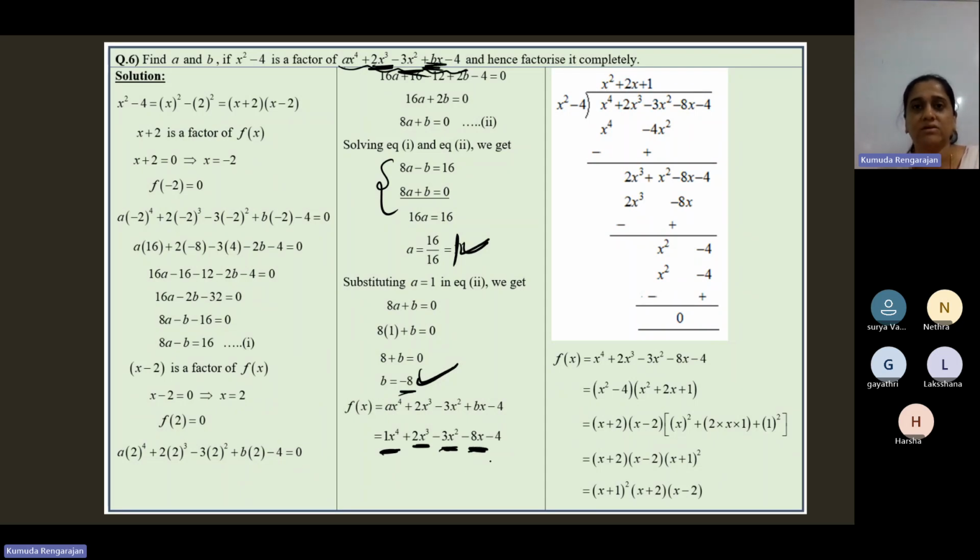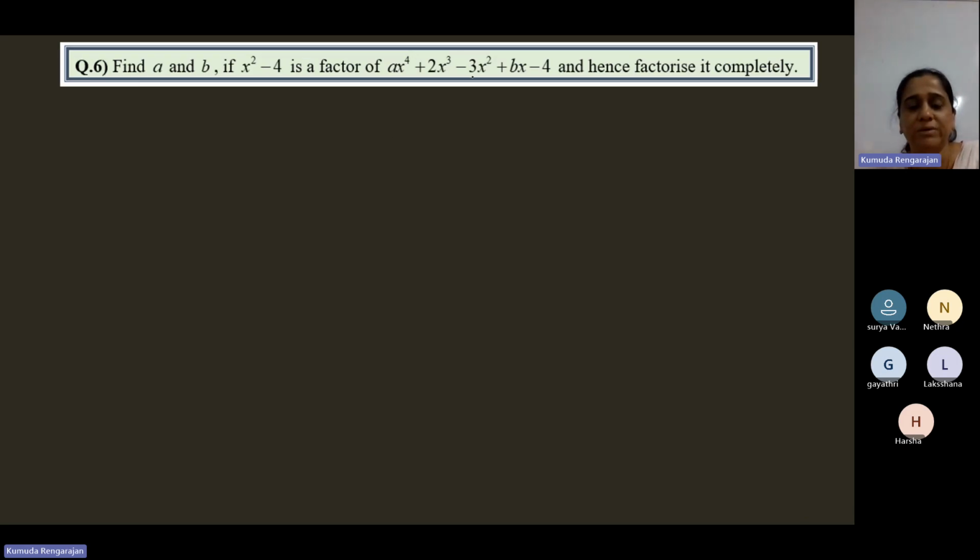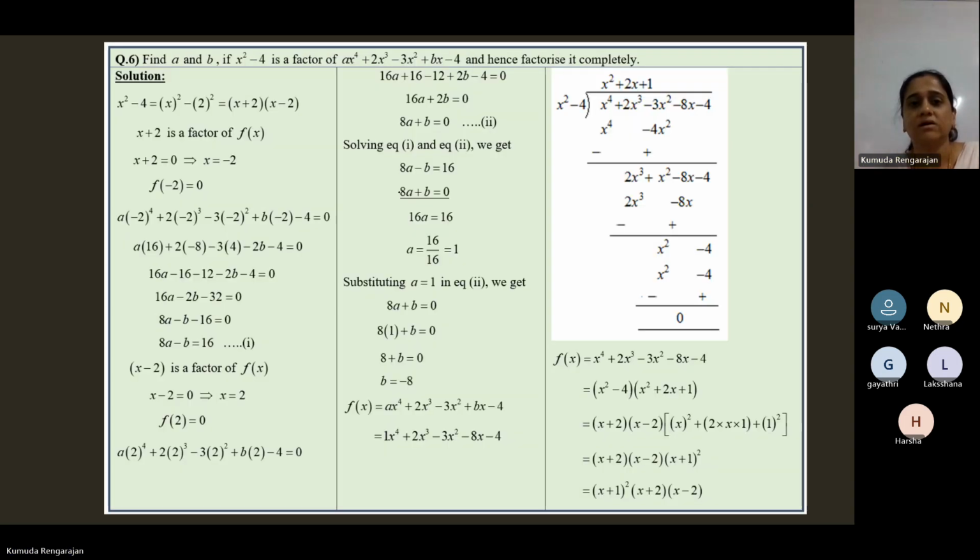Minus 8x, and then minus 4. Earlier the polynomial was not complete, in the sense we did not have the values of A and B, the coefficients of x to the power 4 and x. So now we found the values of A and B. Complete the polynomial.